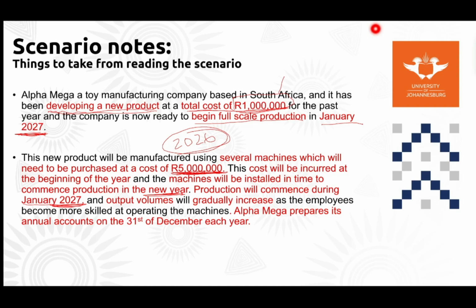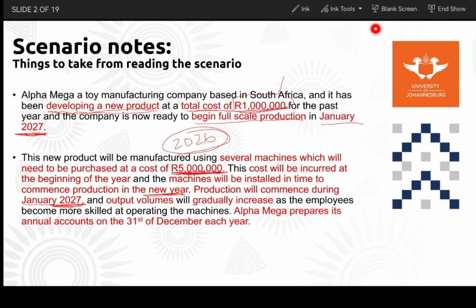The output volumes will generally increase as the employees become more skilled at operating the machines, right? So you can expect growth in the number of products that have been produced. Yes. Alpha Mega prepares its annual accounts on the 31st of December each year.